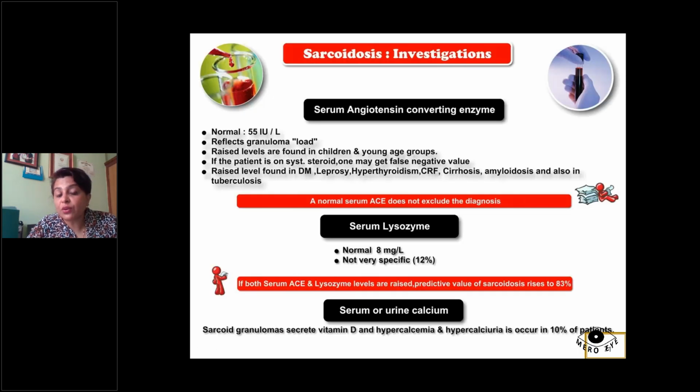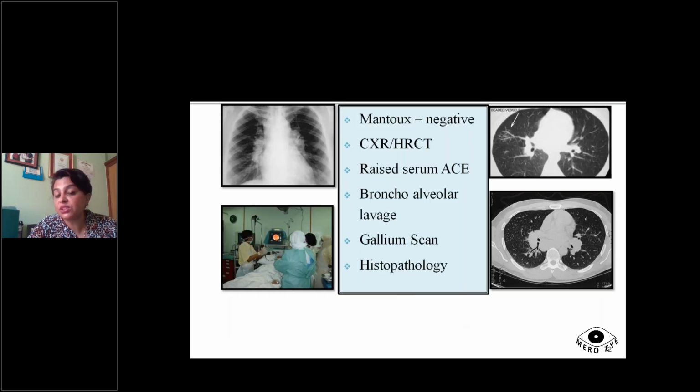If we are suspecting sarcoid, what we practice is serum angiotensin converting enzyme level and serum calcium level, along with HRCT or high resolution chest CT scan imaging, along with a negative Mantoux test. Many times our patients also undergo bronchoalveolar lavage, and their CD4 CD8 ratios are checked to confirm sarcoidosis.